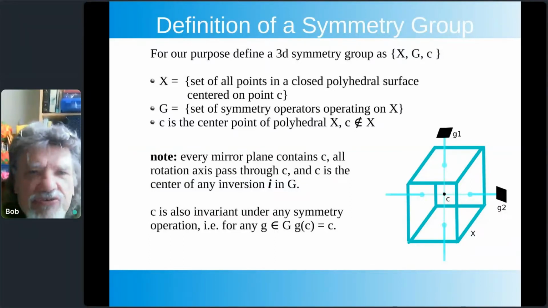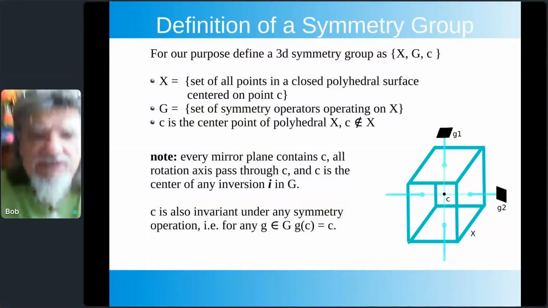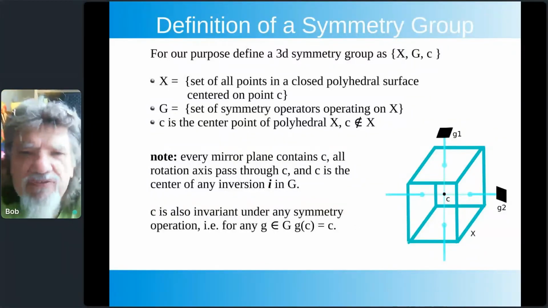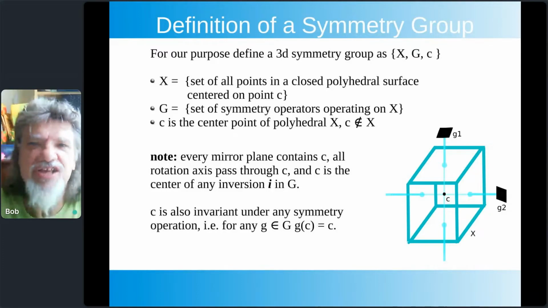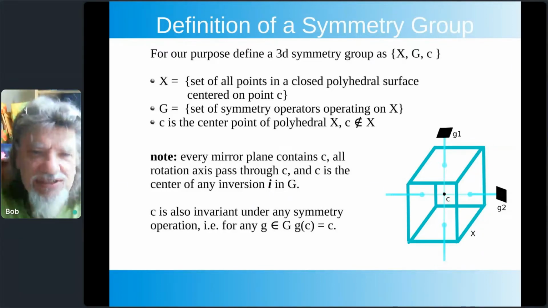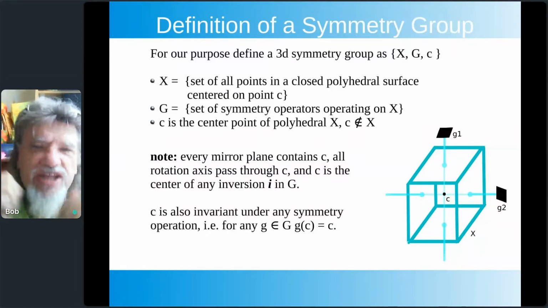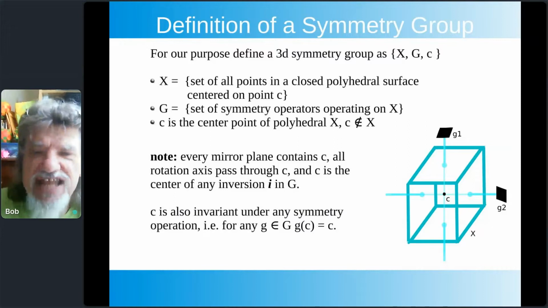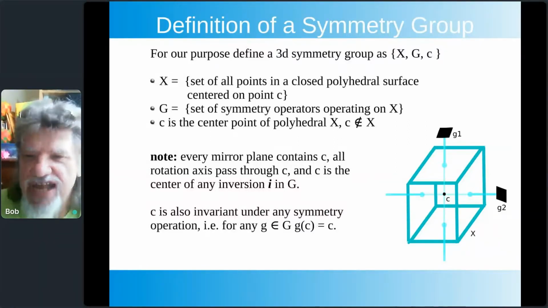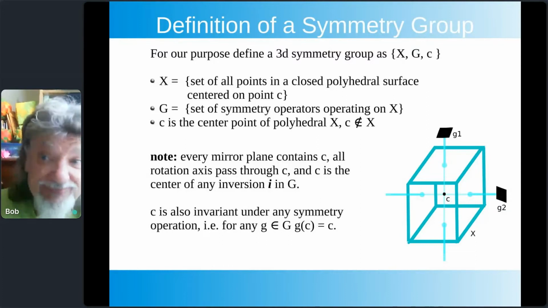All right, so for the purpose of a 3D geometry group, I'm going to define a symmetry group my way. It may not match any textbook or academic paper definition. It's what I use when I build these things. I have a set X. The set X is all the points in a closed polyhedral surface. In this case, X is this nice square.